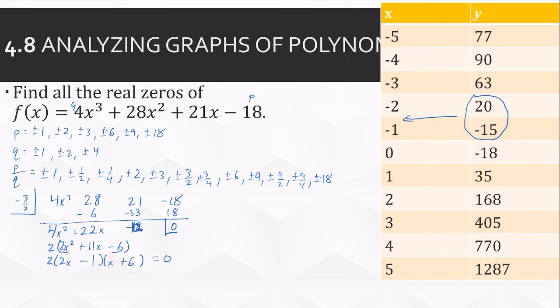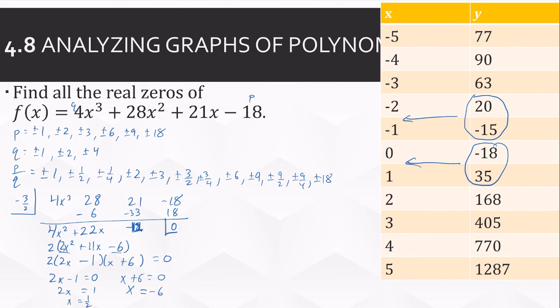Okay, that still equals 0, so I can take each factor equal to 0. Here I get x is a half. Oh, hey, look at that. We had a sign change there between 0 and 1. Notice a half is between 0 and 1.